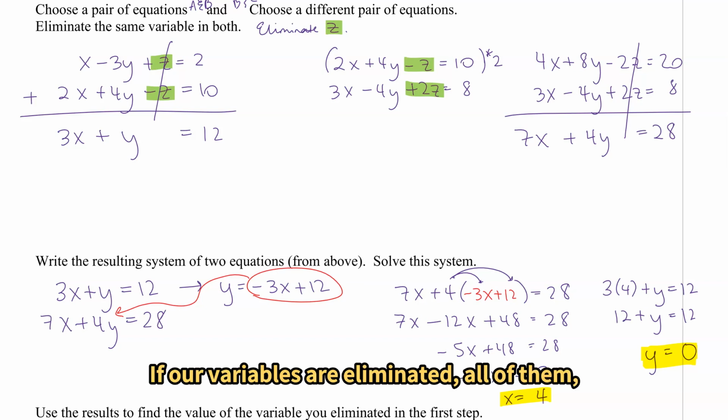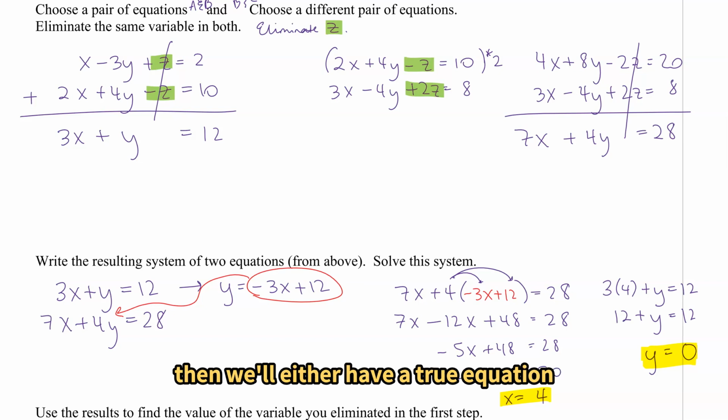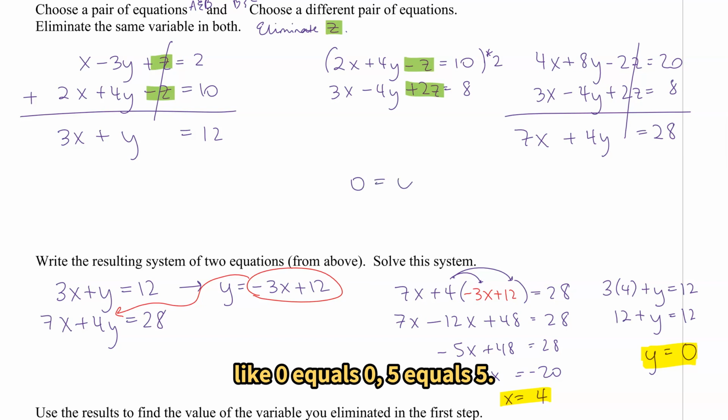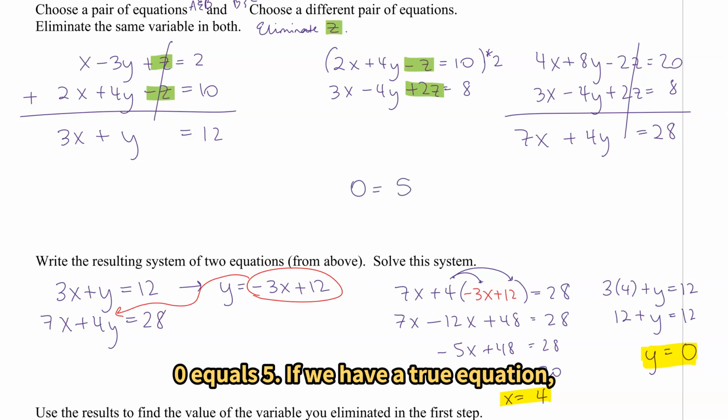If all of our variables are eliminated, then we'll either have a true equation, like 0 equals 0, 5 equals 5, or we'll have a false equation, 0 equals 5.